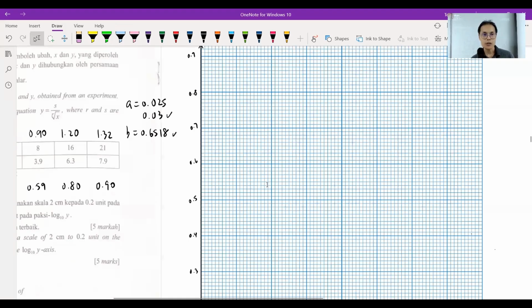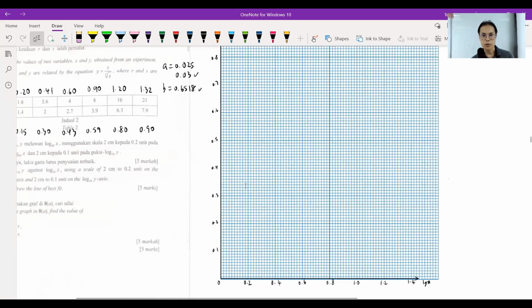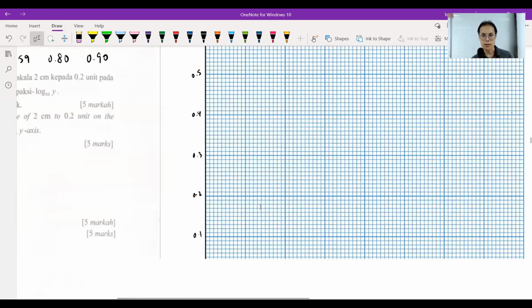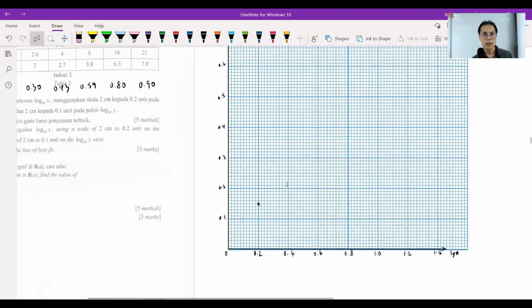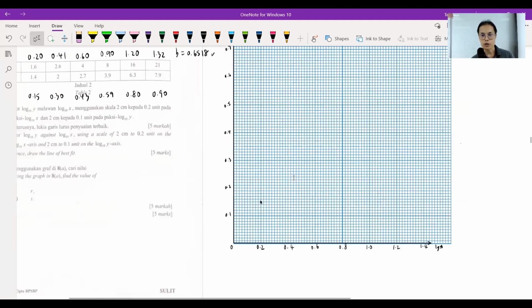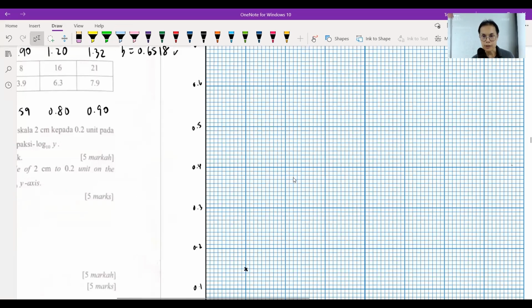Okay, so the first point I've got is 0.2, 0.15, which is here. All right, second point I've got is 0.41, 0.30. 0.41 is half. 0.30 is here.